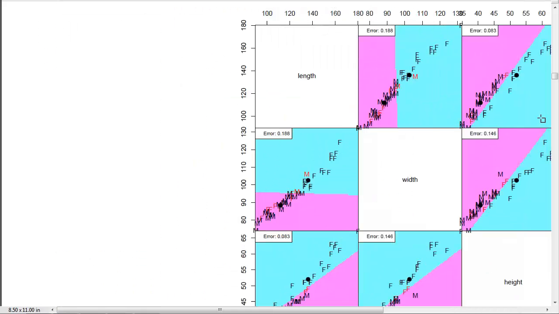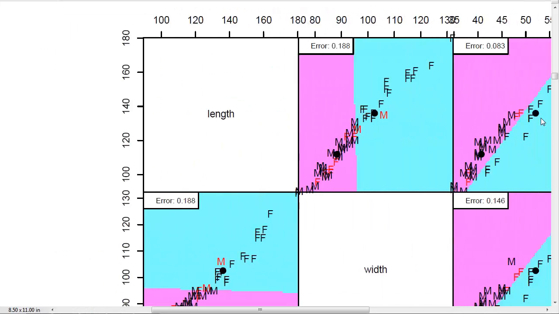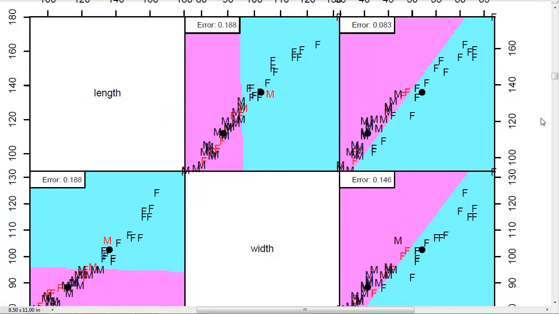So I'm going to zoom in on this plot a little bit. In the top center, we have how well we classify if we only use length and width as classifiers. It shows here that we've got about an 18% error rate, which is pretty high, perhaps.